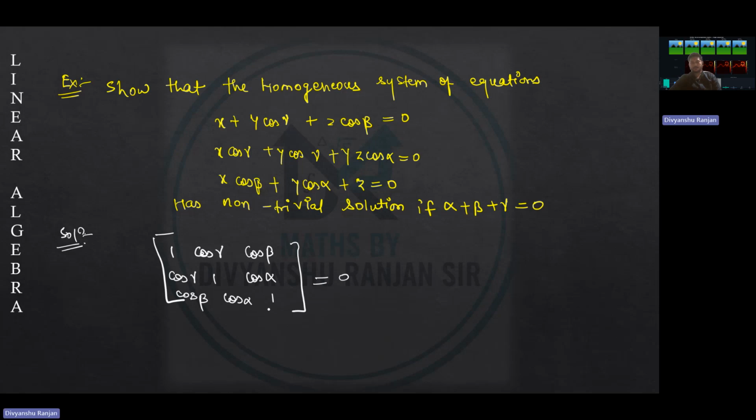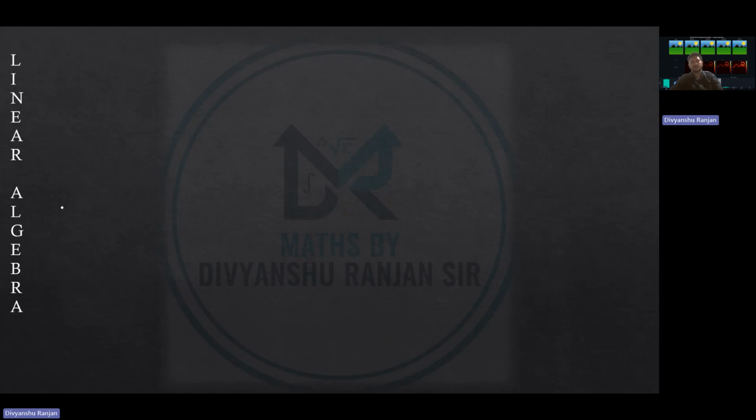Okay, so try to solve in a basic manner. So already you have been given the matrix, so here the matrix is 1, cos gamma.